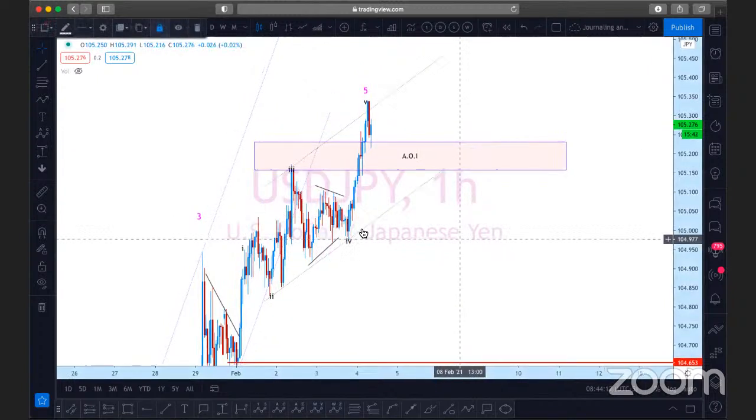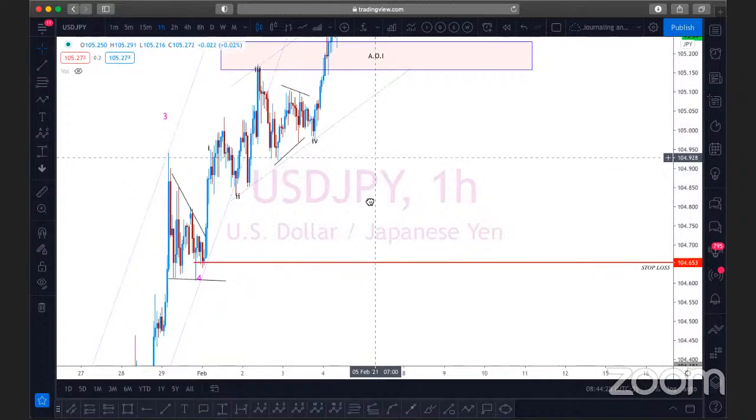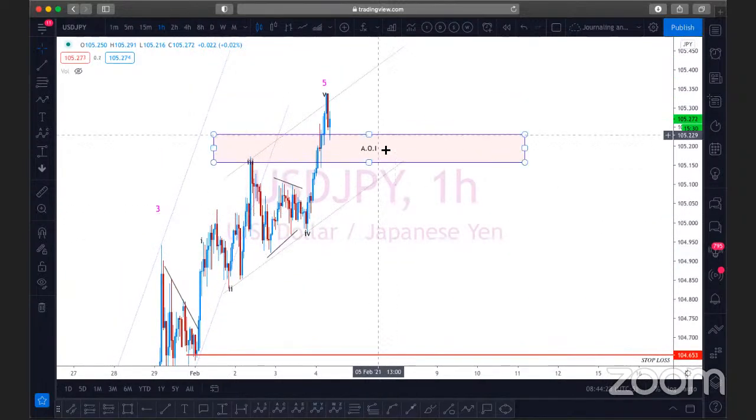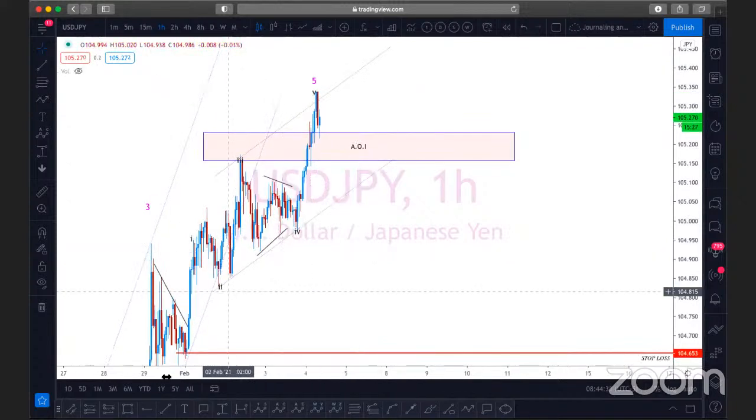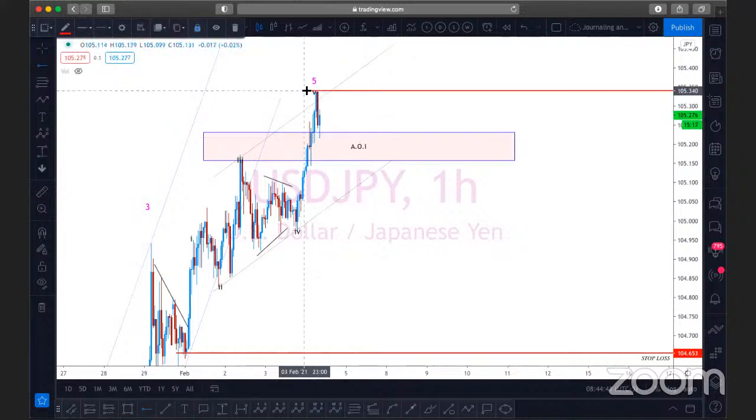But as I said, based on this current price action, we could very well see the market push higher to complete wave 5. And that's exactly what has unfolded. All right, so now that we have completed wave 5, or potentially, what I can say is that we can label here as the top of the market.